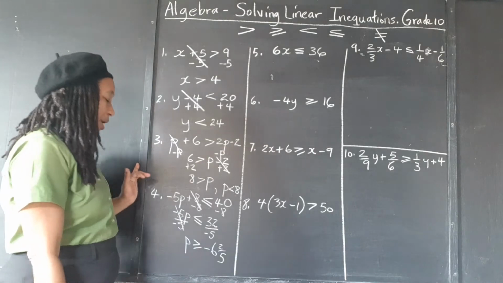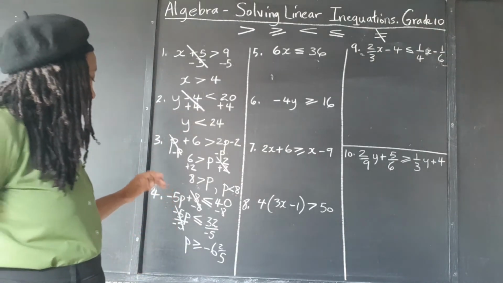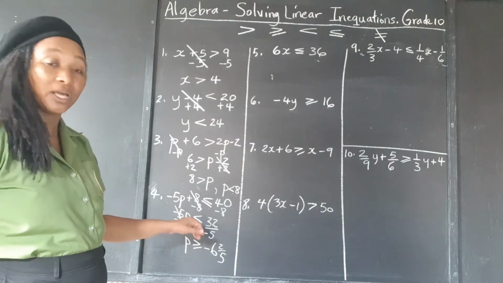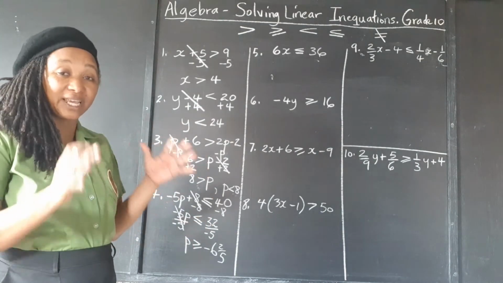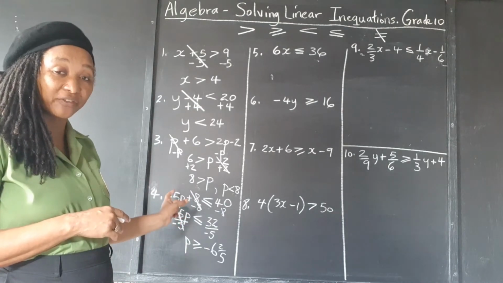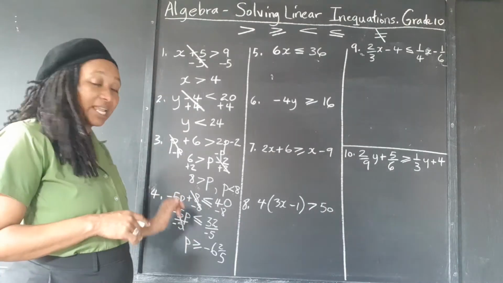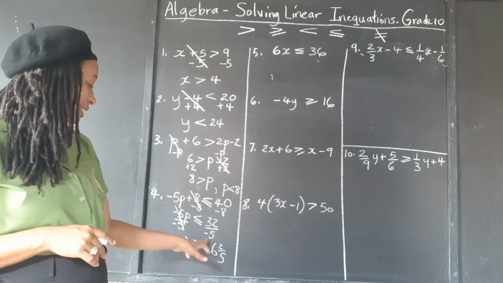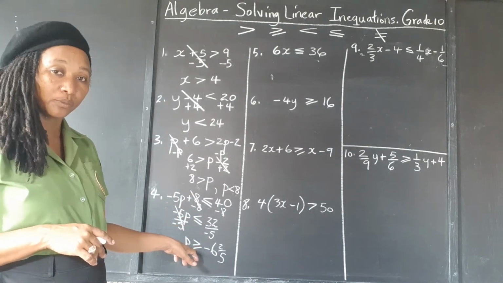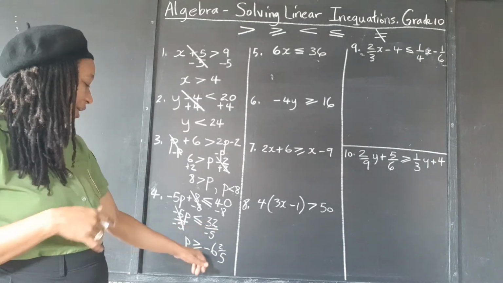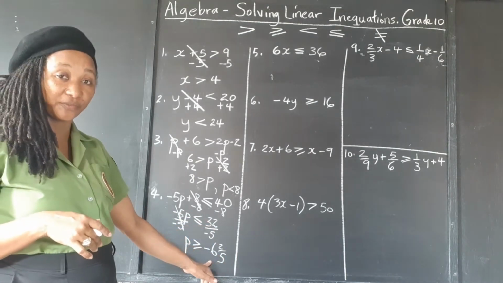So always remember, if in your final stage, when it's time to isolate the variable by dividing by the coefficient of the variable, if it is a negative coefficient, remember you are to reverse the sign. So it's not p is less than this, p is greater than negative 6 and 2/5.